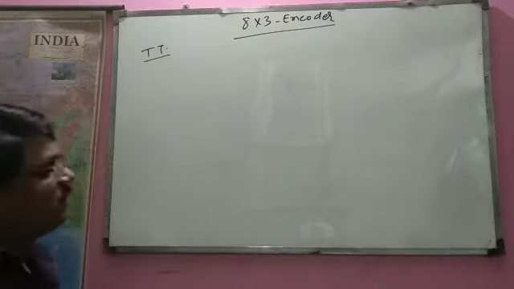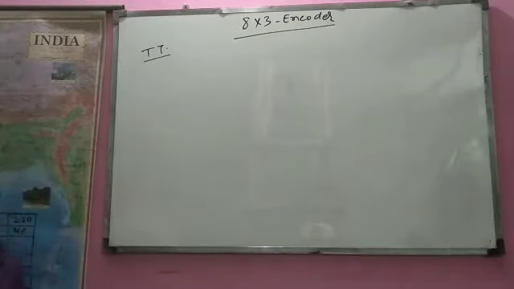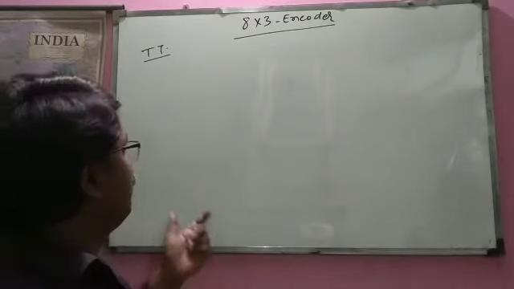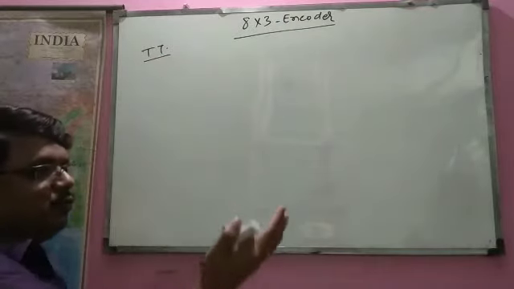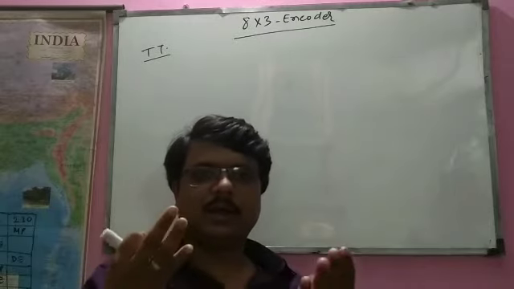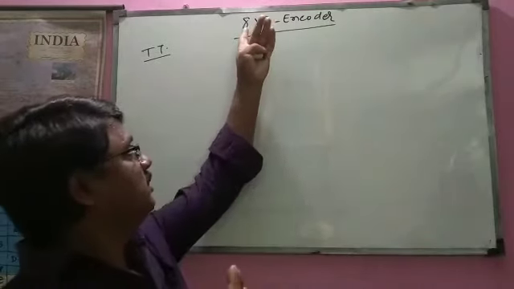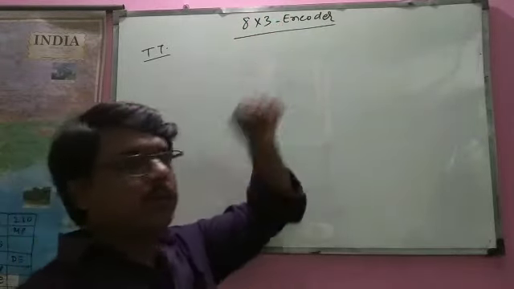How many outputs were there? Inputs were 8 and outputs were 3, because this shows the number of inputs and this shows the number of outputs.